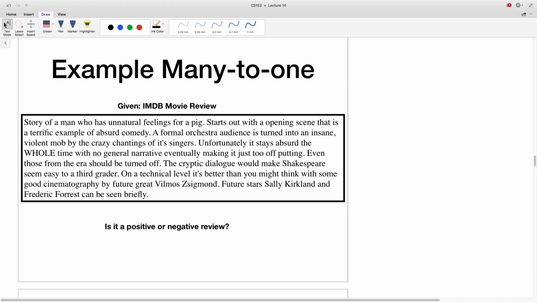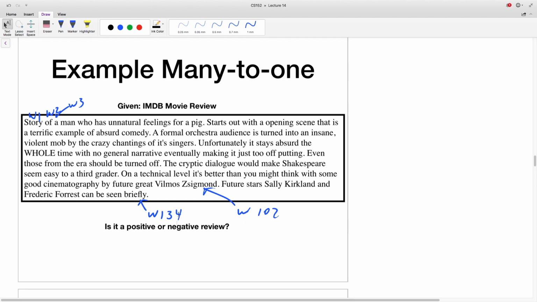So here's a many to one sequence model, an IMDb review. Let's say our problem is we're going to take this sequence of words. So we have word 1, word 2, word 3, all the way to here, you know, word 102, through 134.